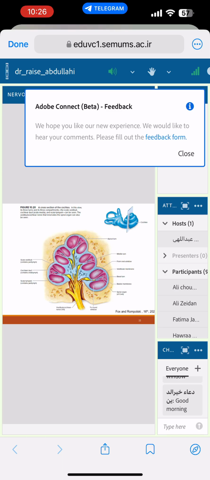In this picture, this is our plane; we have a cross-sectional view.